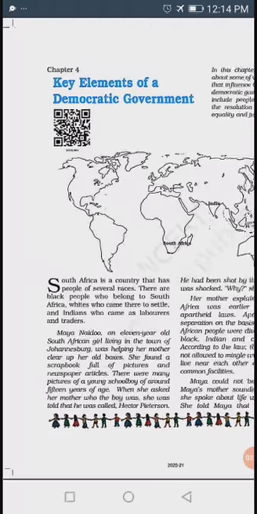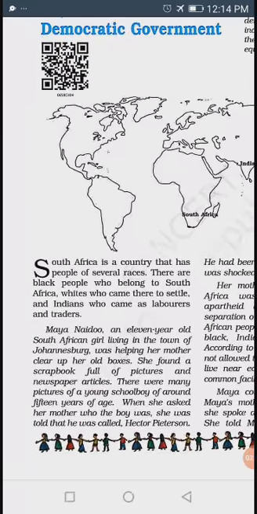This Maya Naidu is helping her mother to clean the old boxes, and in those old boxes she got newspapers, and in that newspaper there are different articles related to one young schoolboy, around 15 years of age.